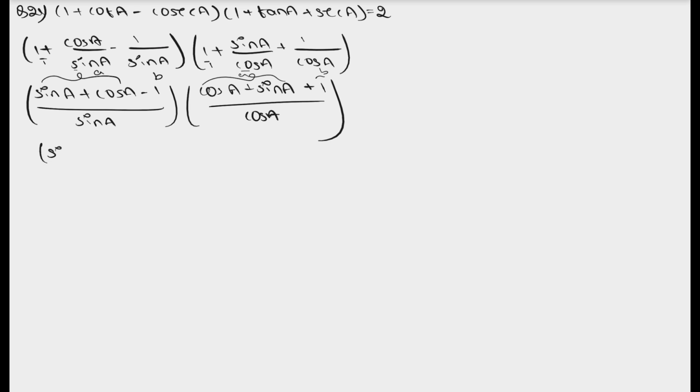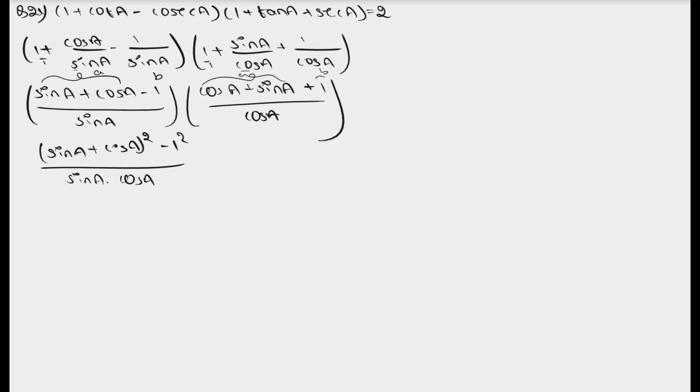Here we can write it as sin A plus cos A whole square minus 1 square by the denominator will be sin A into cos A.